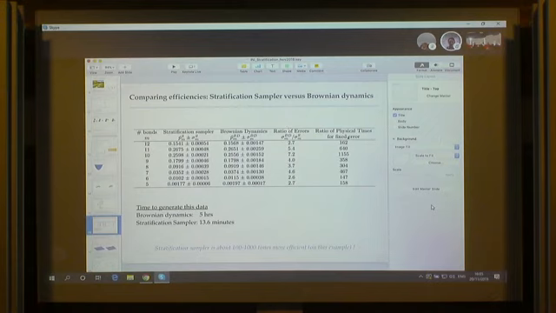So this is an estimate of how much faster the stratification sampler is than Brownian dynamics, on the same computer, in order to have the same error bar for the quantities being estimated. Okay, so you see it varies from a minimum of about 150 up to over 1,000.